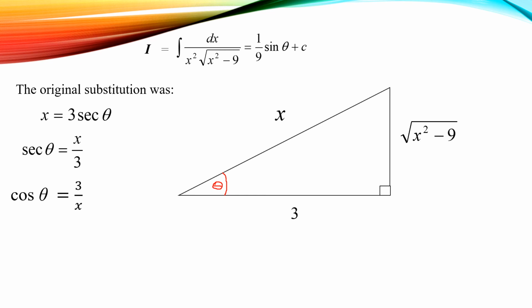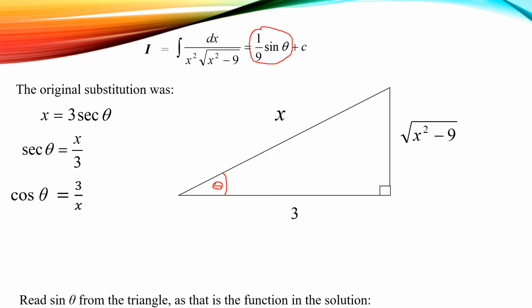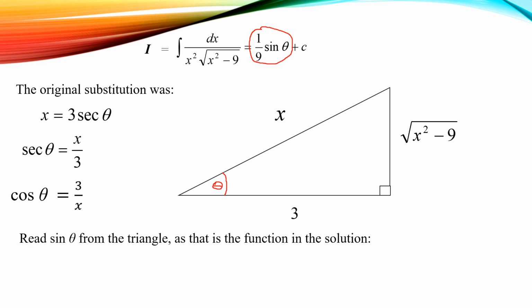So our solution is related to sine of theta. So we need to read sine theta from this triangle and then substitute that into the answer. Well, sine theta is just the ratio of opposite over hypotenuse. So it's going to be the ratio of the opposite side divided by the hypotenuse side. So sine theta would be square root of x squared minus 9 divided by x.